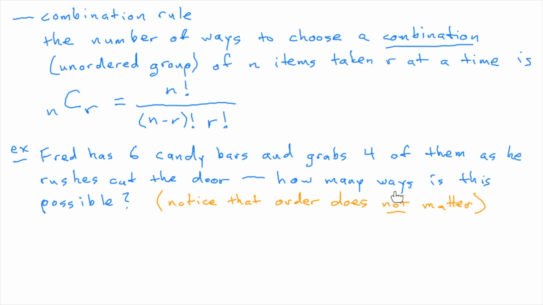And if you see how many ways, you say, oh, this is a combinatorics problem. And then the second question you ask is, does order matter? If it does, it's a permutation. You use the other formula. And if order does not matter, then it's a combination, and you use this combination formula.